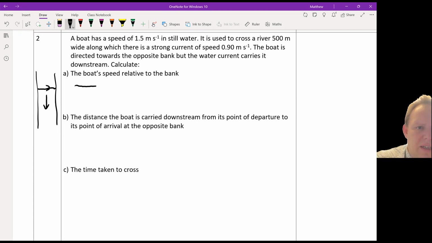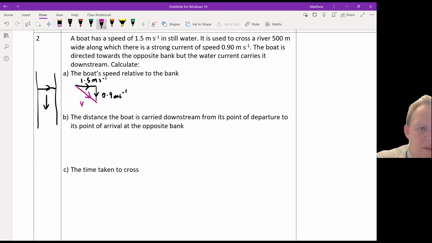I've got two vectors to add, one of size 1.5 meters per second in this direction, and one of size 0.9 meters per second in this direction, giving me the resultant going in this direction, which is the thing I want to find, the boat's speed relative to the bank.